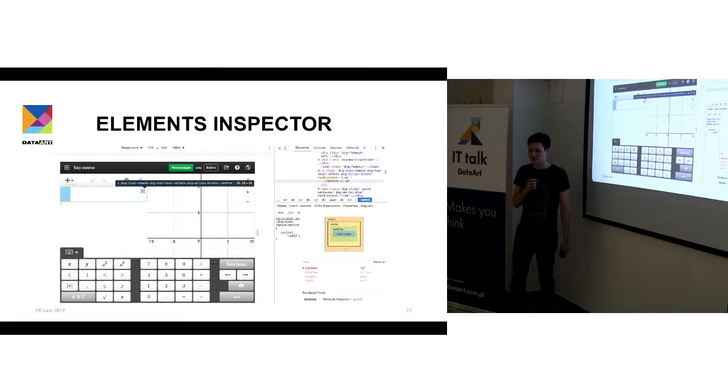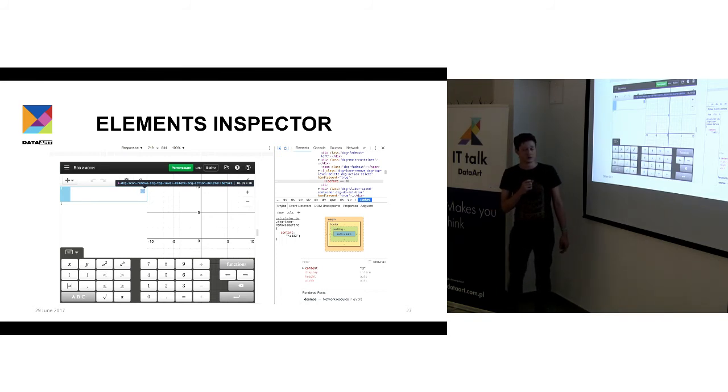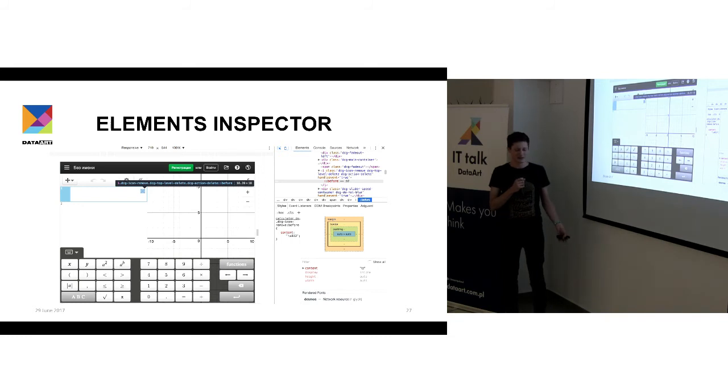The elements inspector is mostly used for testing the user interface. You just click on the elements inspect button, and you can find everything you need to test. You probably won't be testing the interface by just saying, oh, this button is big or this is small.